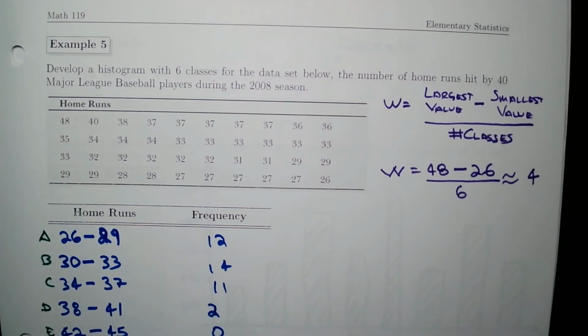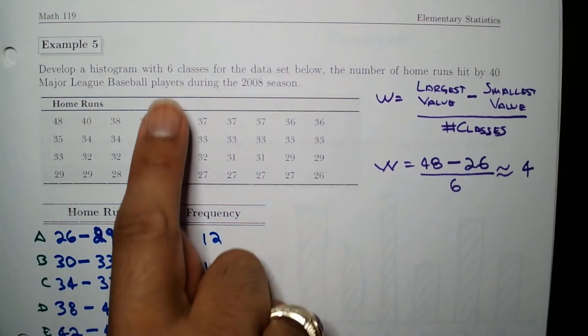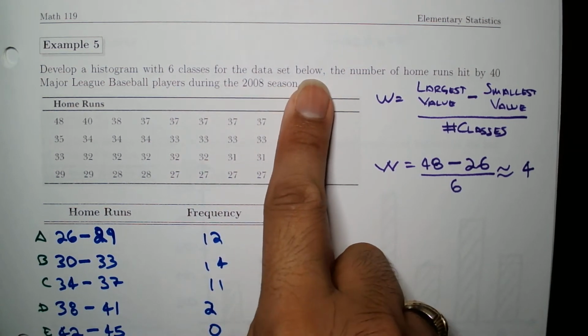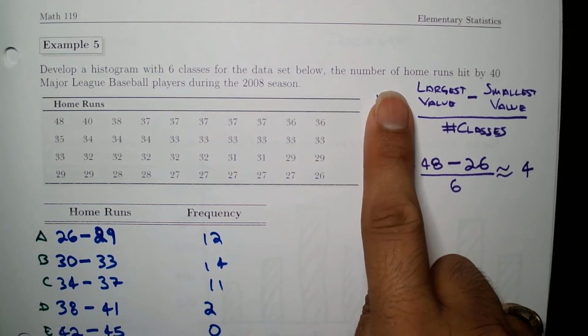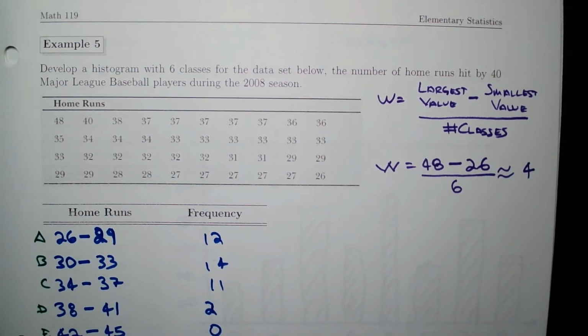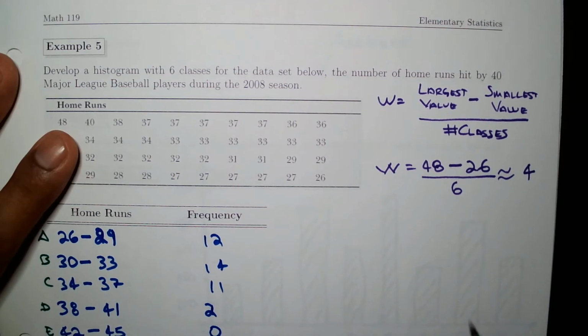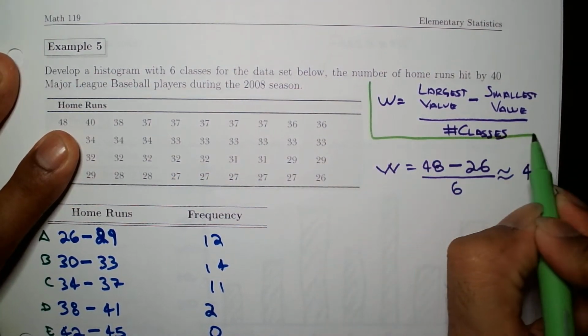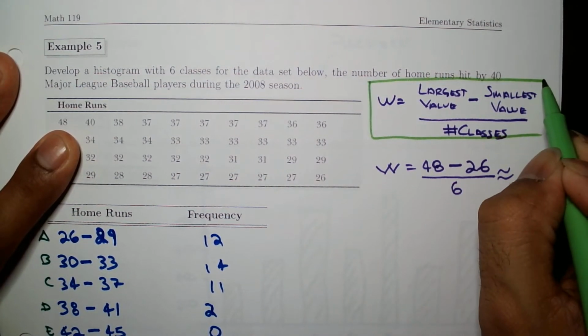Let's develop a histogram with 6 classes for the data set below: the number of home runs hit by 40 Major League Baseball players during the 2008 season. And here's the data. We want this with 6 classes. Well, with this formula that I didn't discuss before, we need to find the class width first.